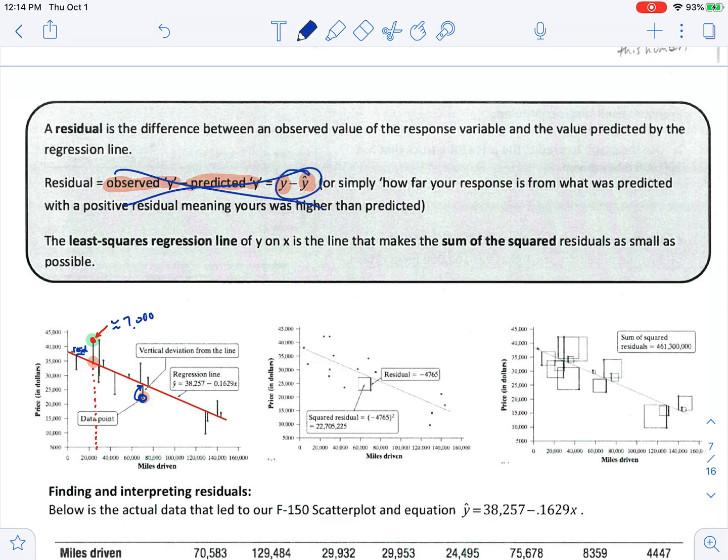Forget about an equation. Understand what it means. A residual is how far above or below, up and down, always up and down, Y values, how far above or below the actual data value is from the predicted one, with being above the predicted value a positive, and below the predicted a negative. Okay? All right. You'll have plenty of opportunities to practice that.